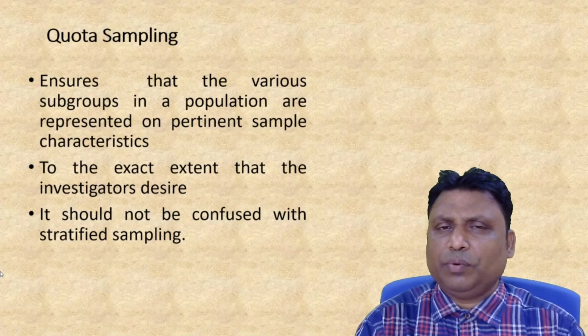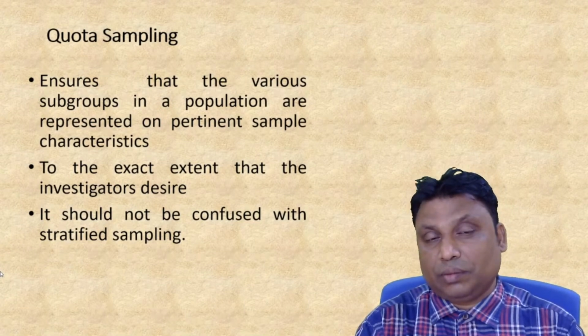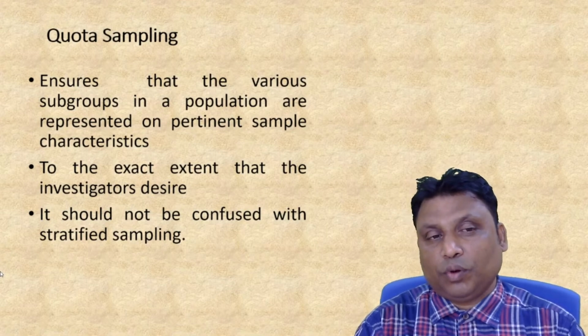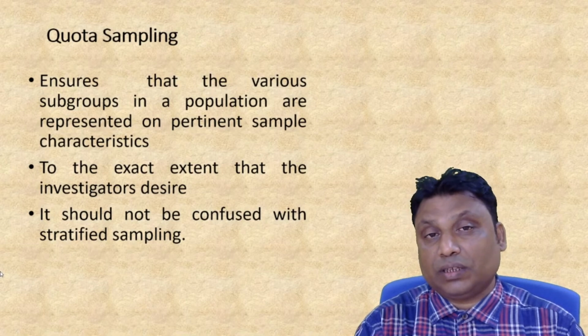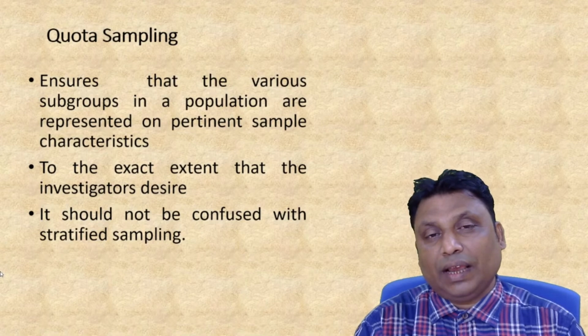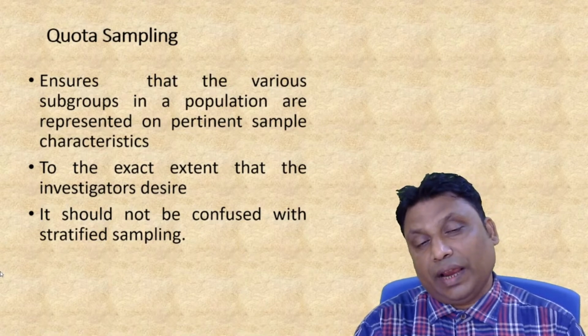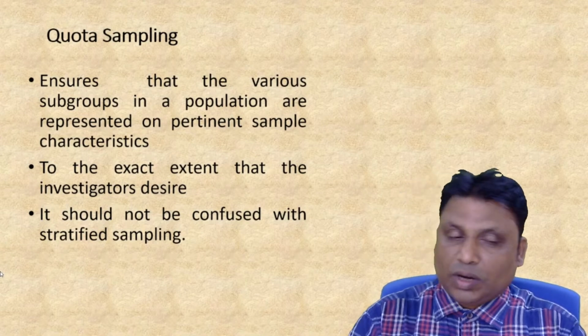That means in quota sampling, first you have to make a subgroup, because in a large population it is very difficult to collect the information through convenience sampling and judgmental sampling. So in those cases you create the subgroups, and after that you can use judgmental sampling and convenience sampling, and you collect the information. This sampling technique is called quota sampling.